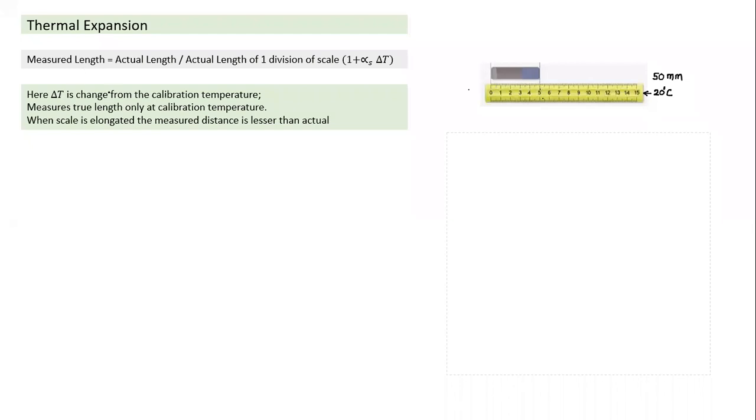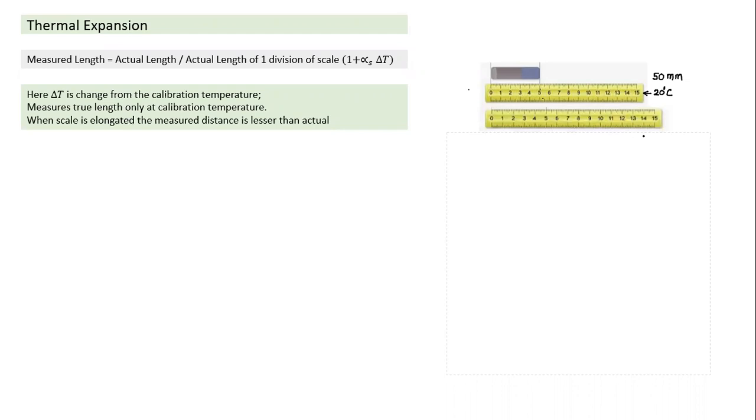Delta T indicates change of temperature from the calibration temperature. Calibration temperature is the temperature at which the marking has been done. It measures the true value or true length only at calibration temperature. At any temperature different from calibration temperature, if the scale expands or contracts, the measured length is not the same as the actual length.